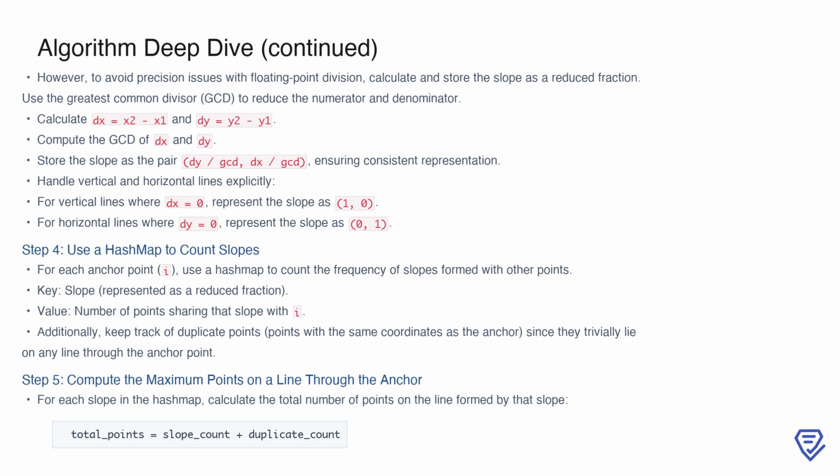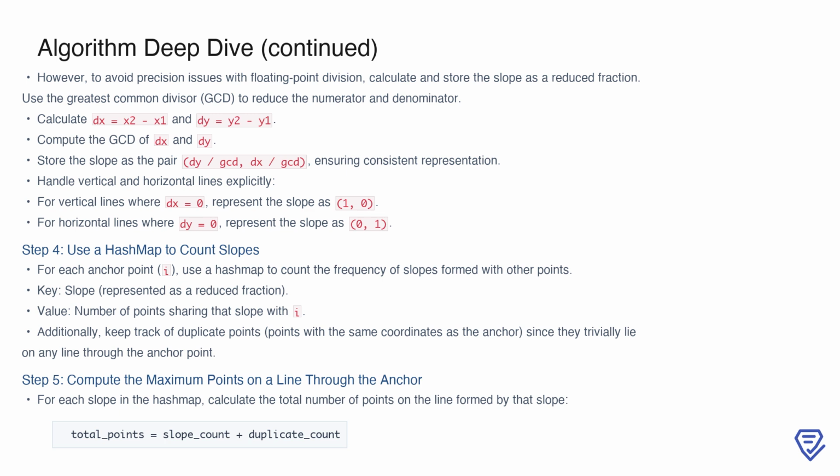For instance, a slope calculated with dy and dx is stored as dy/gcd, dx/gcd. Special cases like vertical lines, where the x coordinates are the same, dx equals 0, are represented as 1, 0, and horizontal lines, where the y coordinates are the same, dy equals 0, are represented as 0, 1. With these unique representations, we avoid inconsistencies.